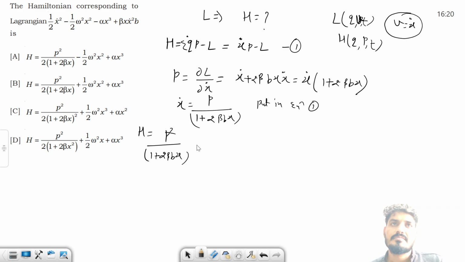Then I can put this term first, because this also has x dot square.